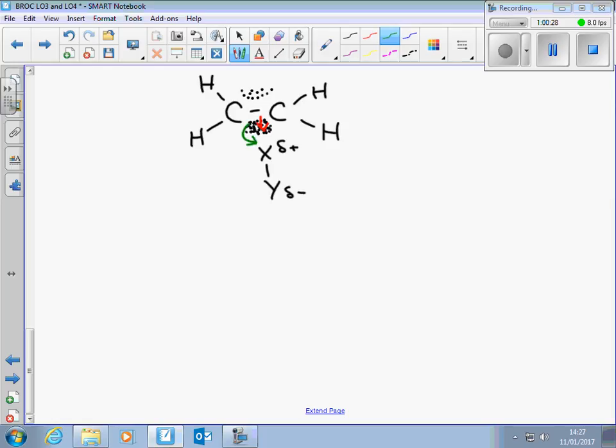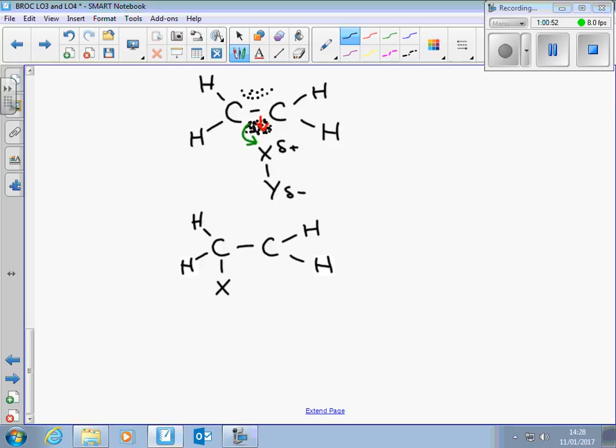There's my curly arrow. And what we get as a result of that is our pair in the middle has gone, so we've only got our single sigma bond there. But we've now got a bond to X as a result.